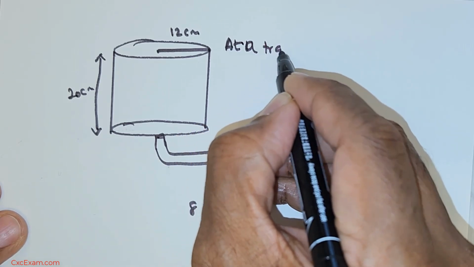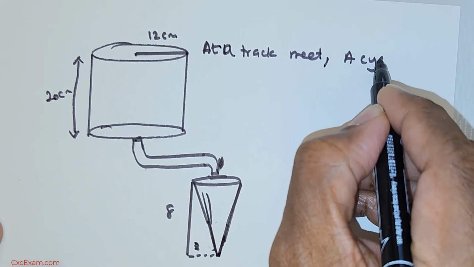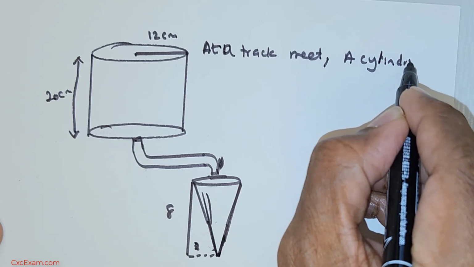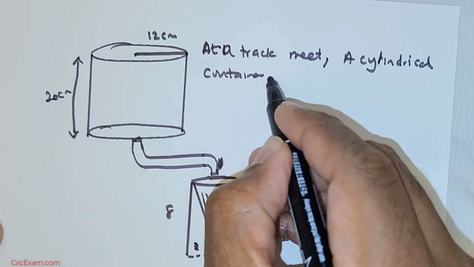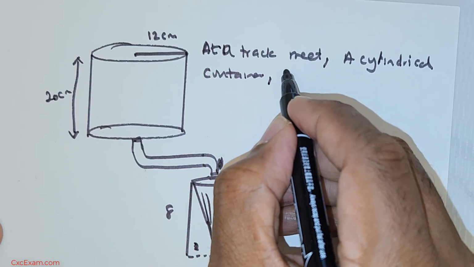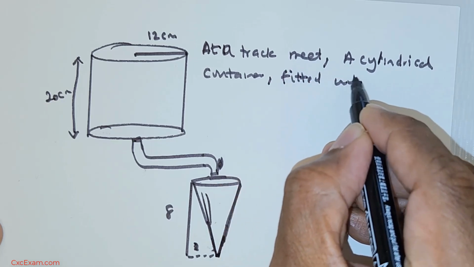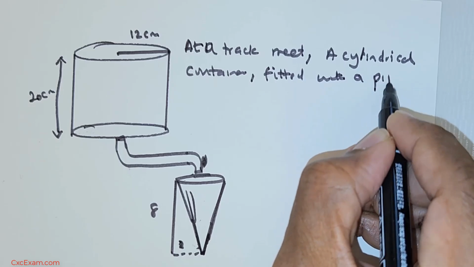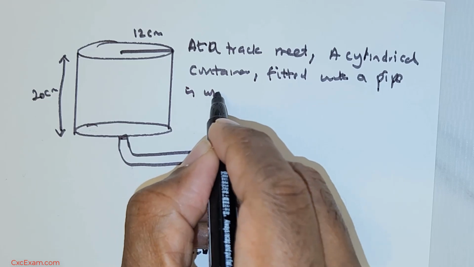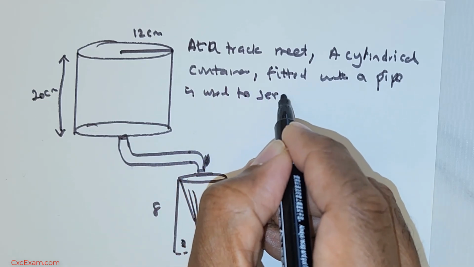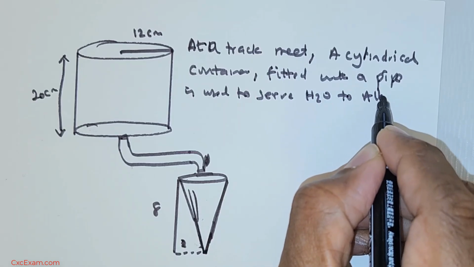At a track meet, a cylindrical container fitted with a pipe is used to serve water to athletes.